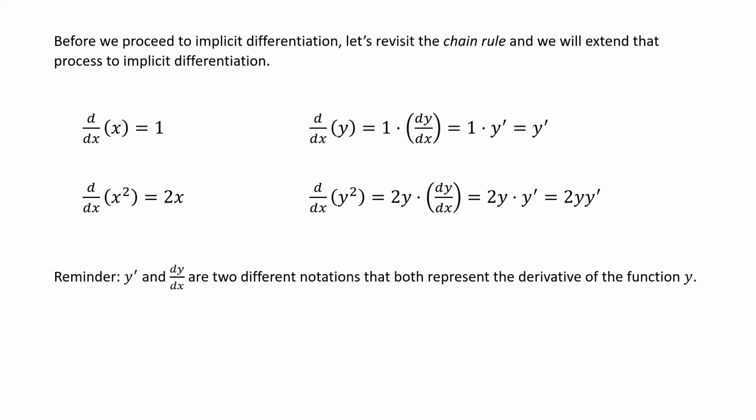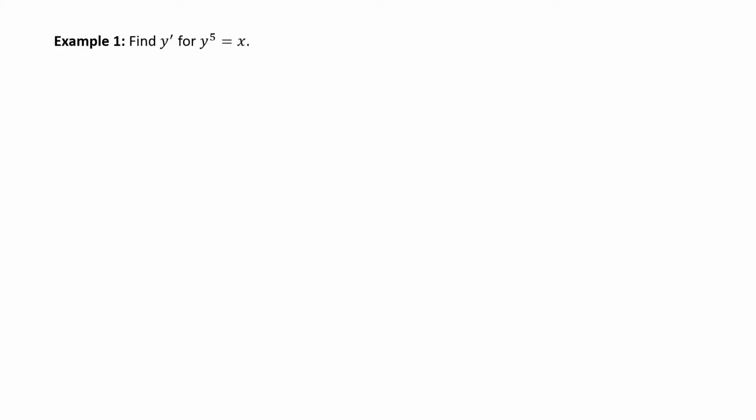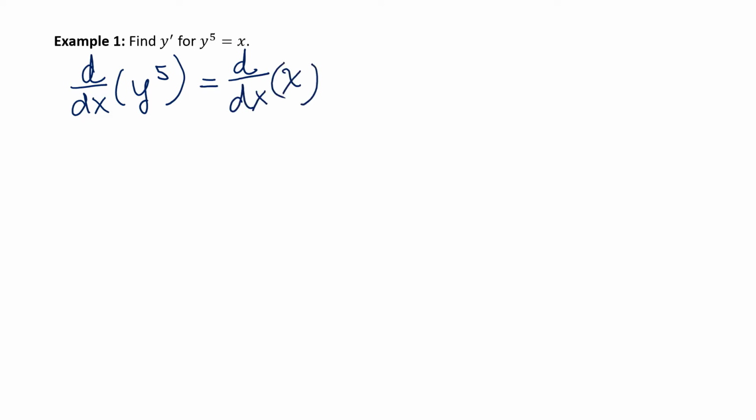Example, find y prime for y to the 5th equals x. Let's do this by implicit differentiation first. So what we want is the derivative with respect to x of y to the 5th equal to the derivative with respect to x of x. Implicit differentiation, when we take the derivative, we bring the 5 down. Y to the subtract 1 is 4.